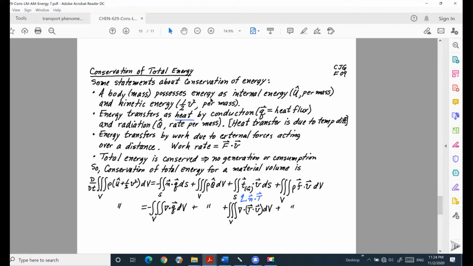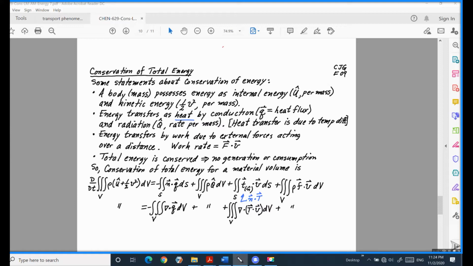In the next part, we go to the conservation of the total energy. We divide the energy into three forms. The first one we call the mechanical energy equation, and second we define the total energy equation, and another energy term we call the thermal energy equation.